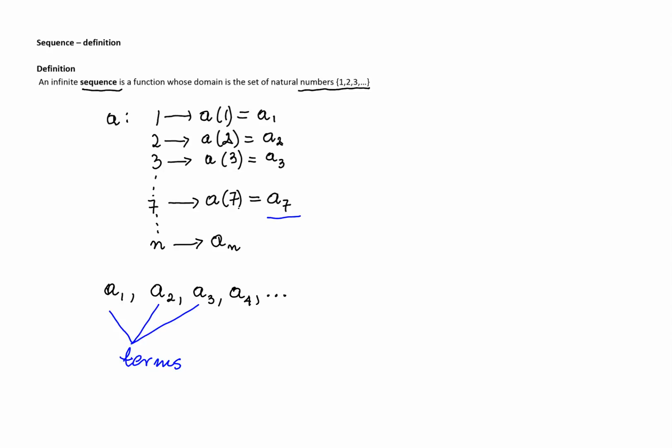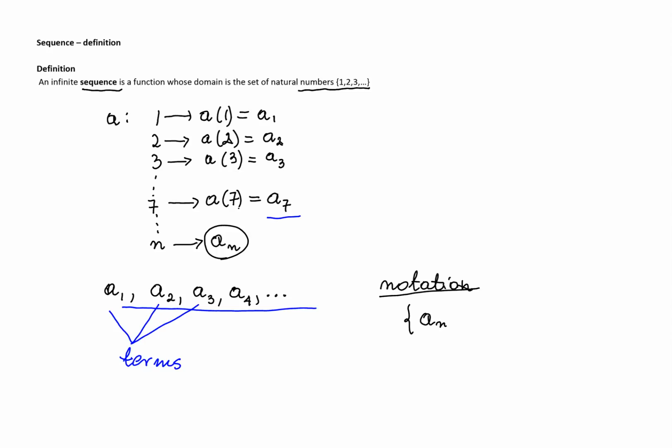As we said, a sequence is a function, but often we identify the function with that set of numbers, and therefore we'll use the notation similar to the set notation for sequences and denote them using braces. So if the function is A and A sub n is the value of the function for general term n, then we denote the sequence with braces.